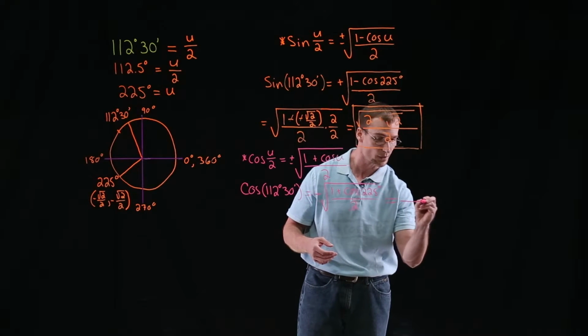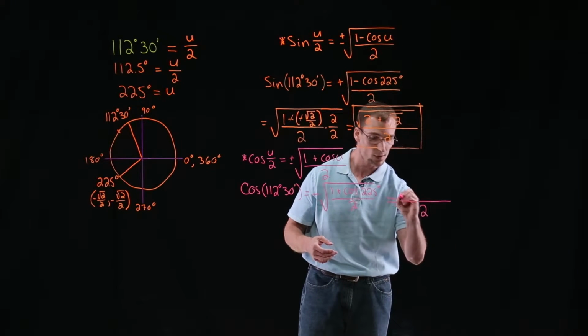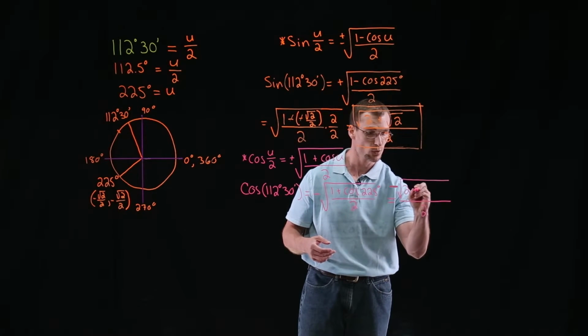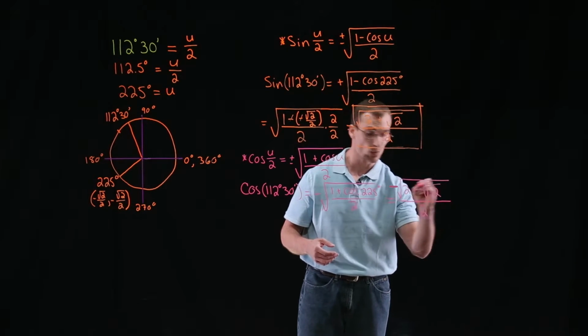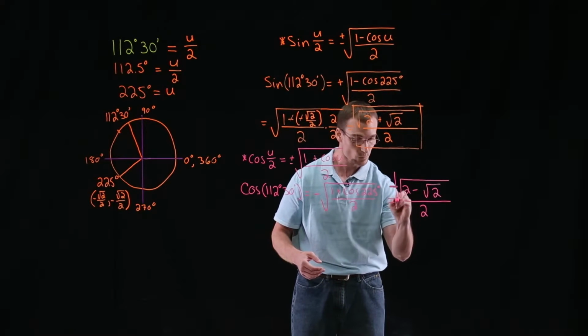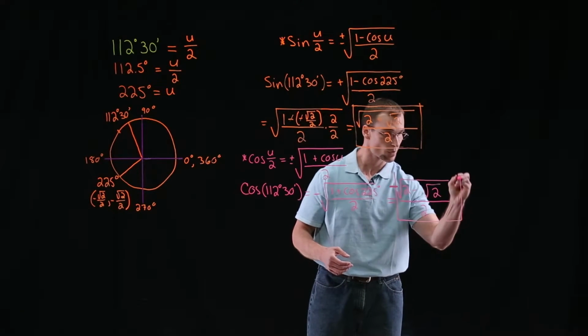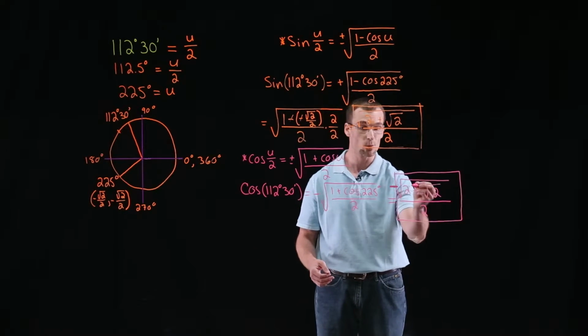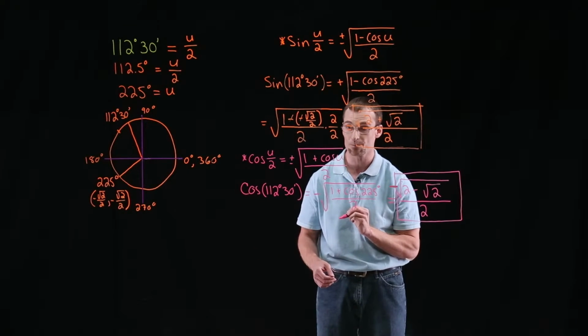So this will simplify to 2 on the bottom, and in the numerator, 2 minus square root of 2. So the cosine of 112 degrees and 30 minutes is negative root of 2 minus root 2, all divided by 2.